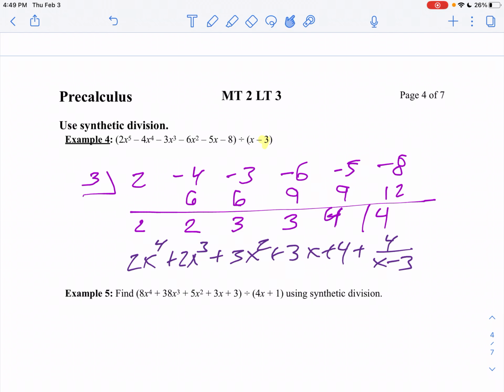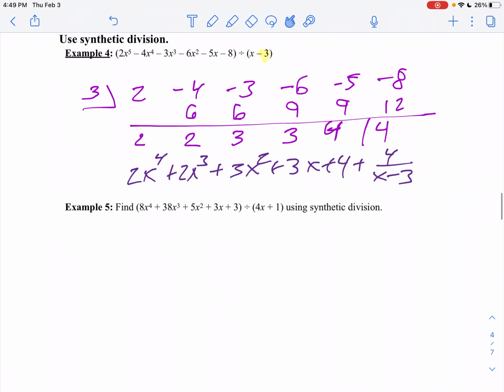Now if I take a look at example 5, the problem is this is not in the form of x minus c, is it? Because it's got the 4x plus 1. I can't have a coefficient of 4 on x when I use synthetic division. So what I'm going to do is divide by 4. But if I divide by 4, that means I have to divide the dividend by 4 also. So let's rewrite our problem. 8 divided by 4, that's 2x to the 4th.